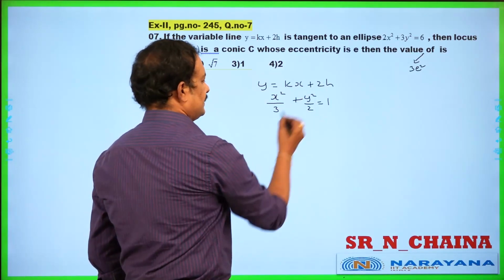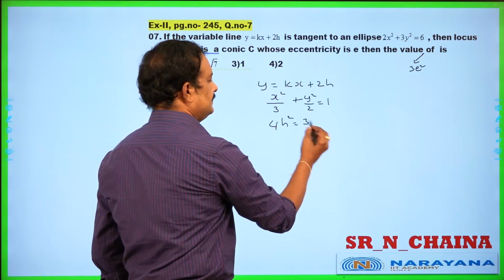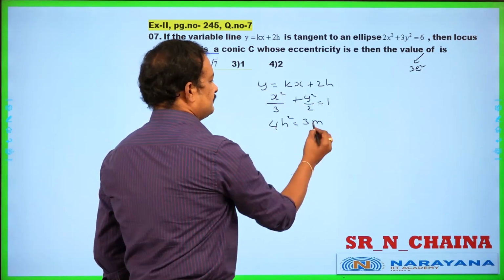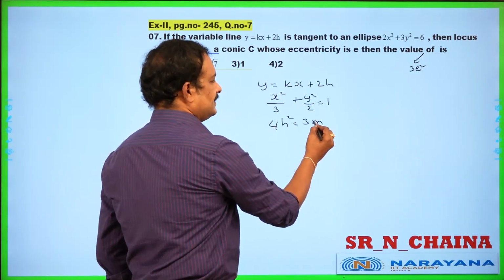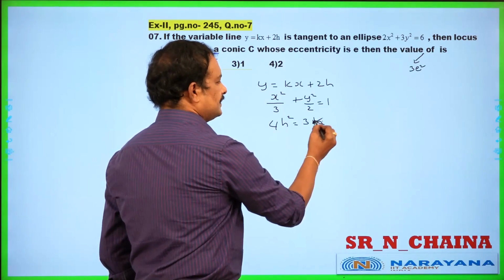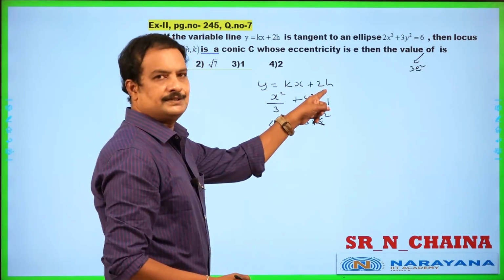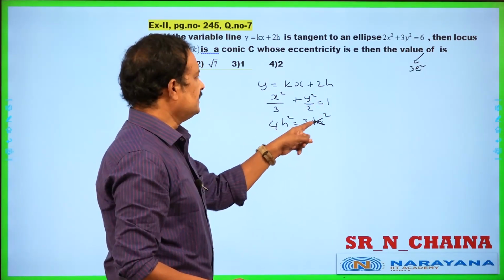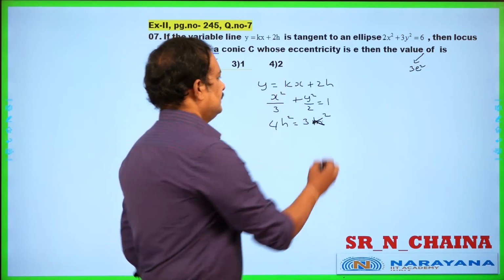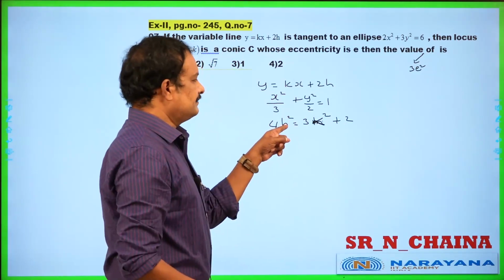So c square, that is 4h square, equal to a square, that is 3... what is m square? That's nothing but k square. This m is k. So c square is 2h whole square, equal to a square, which is 6, times m square, which is k square, plus b square. What is the b square here? 2. So this is the equation we got here.